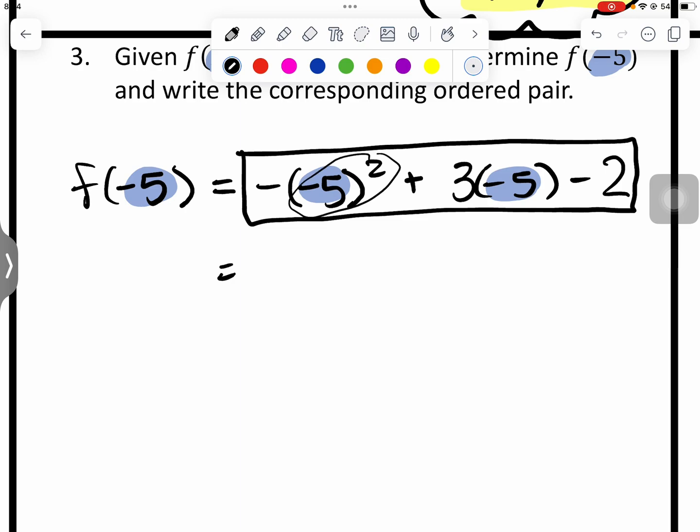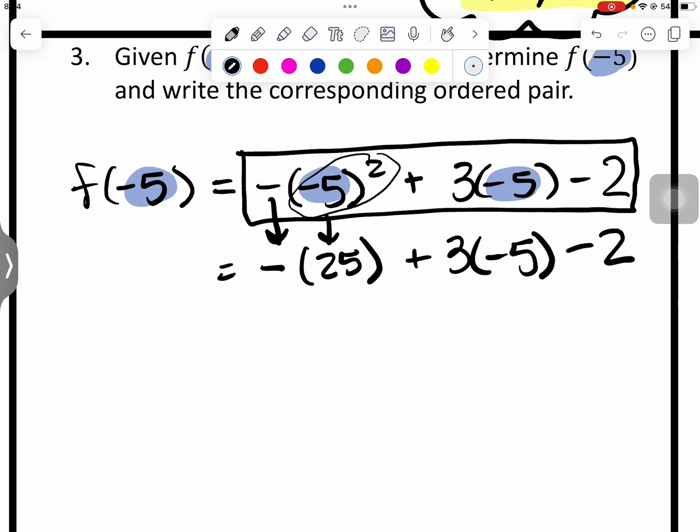We're going to do exponents first. Negative 5 squared is 25. Don't forget that negative is out front. But negative 5 times negative 5 is positive 25. Everything else stays the same. Now we will multiply.